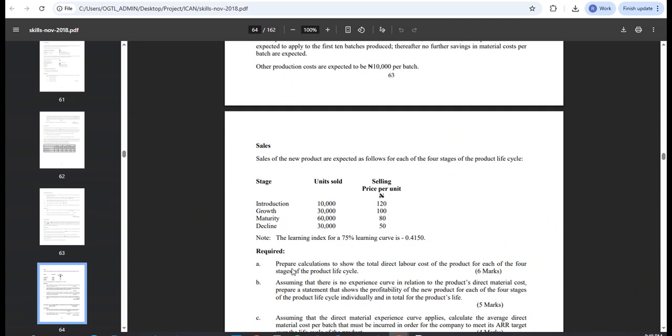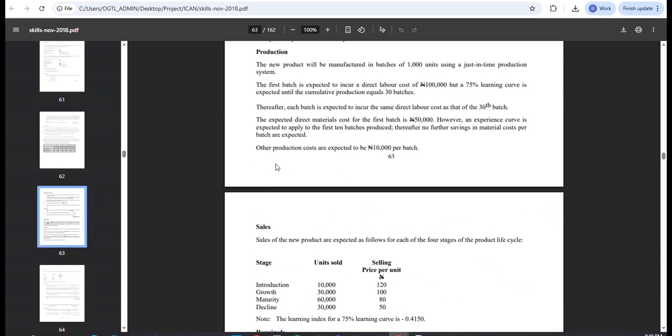If you look at this question, they give us selling price and unit. Now, under production, if you look at this line, they gave us costs on material as well, and there is also a learning curve on the material. Can you see where I have highlighted?